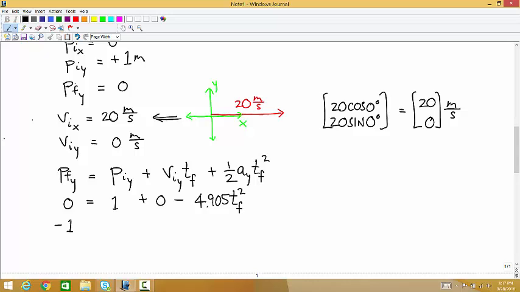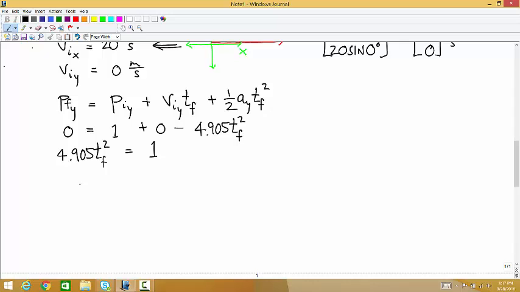So negative 1 is equal to, no, let's do it the other way. Positive 4.905 TF squared is equal to 1. And so TF squared is equal to 1 divided by 4.905.